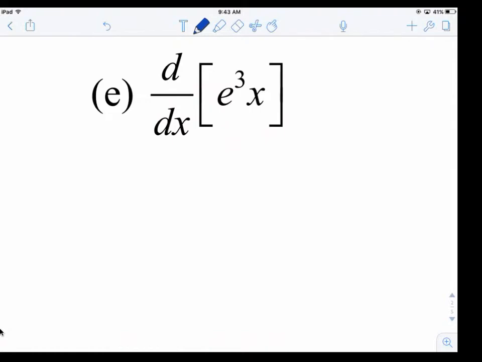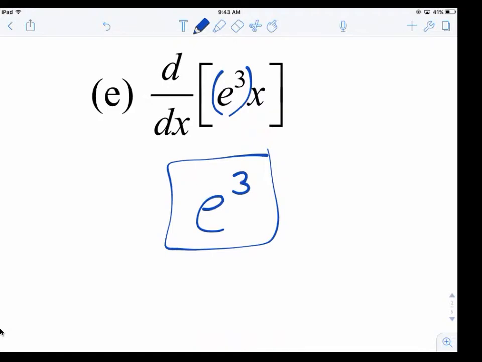Okay, what's e to the third power? What is that? When it's the derivative of e to the third power times x, that's a constant. E to the third power is just a constant.